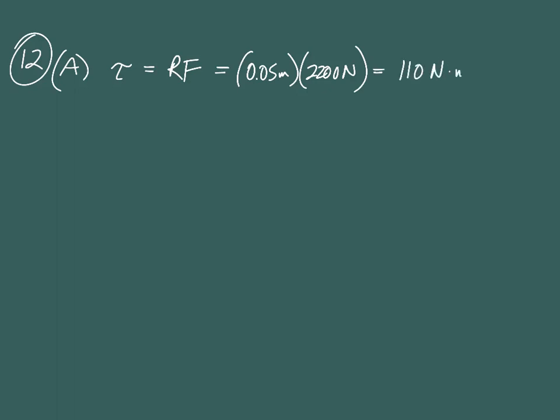All right. So part A, once again, we know that there's torque because it's a roundy thing and a force involved at a radius. So I'm going to have a radius and a force. Well, lucky me, I know that it's 0.05 meters, 5 centimeters, and a 2200 Newton force exerted at that radius, which means I have 110 Newton meter torque.